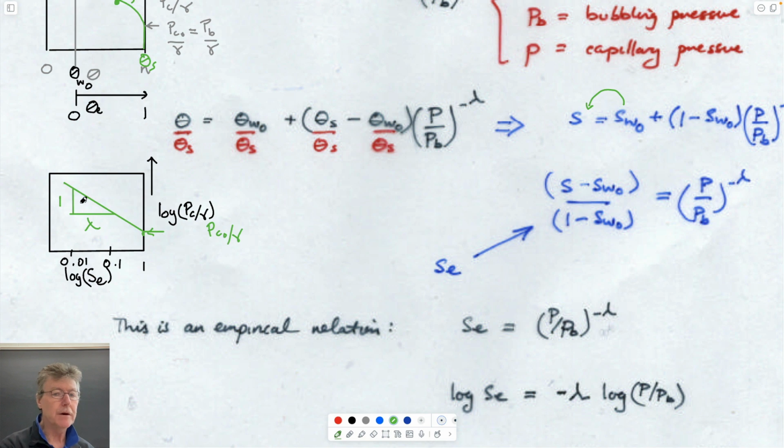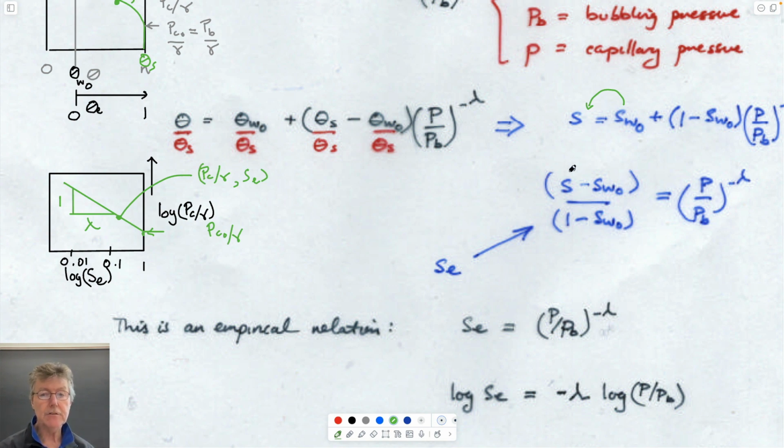This is a useful term to have because it really defines exactly this curve. This curve was found by experimentation, but the curve that fits it mathematically is just this exposition here. So the pressure that we find ourselves at, this ordinate, would be a capillary pressure divided by a unit weight, and this would be at an effective saturation. So those would be the ordinates of a particular location.